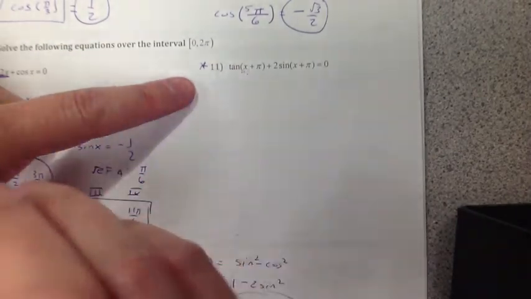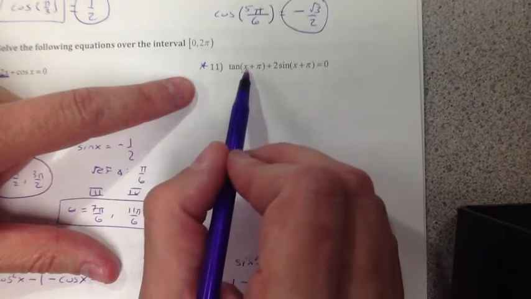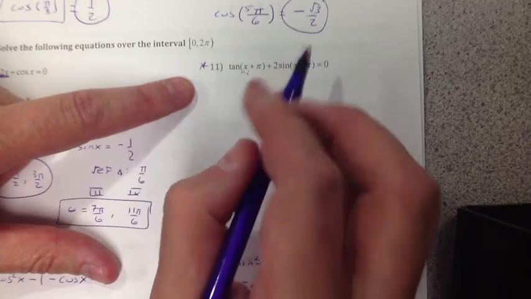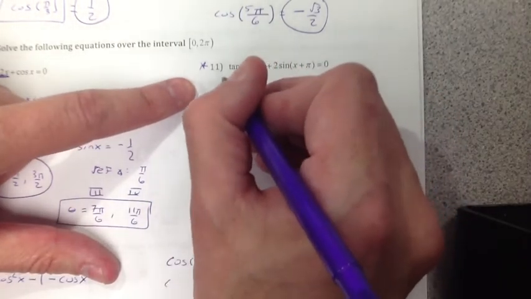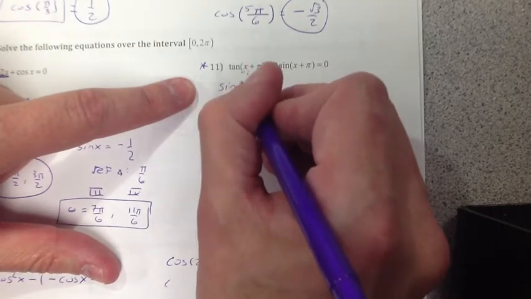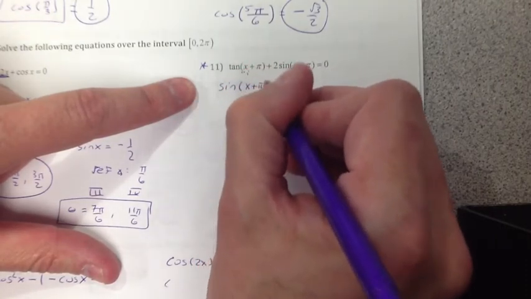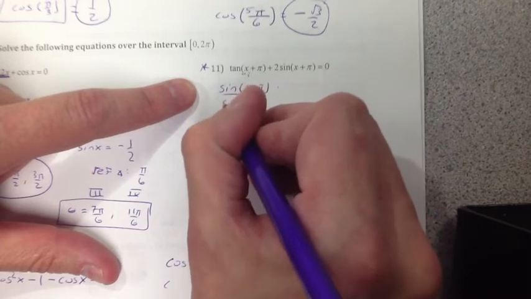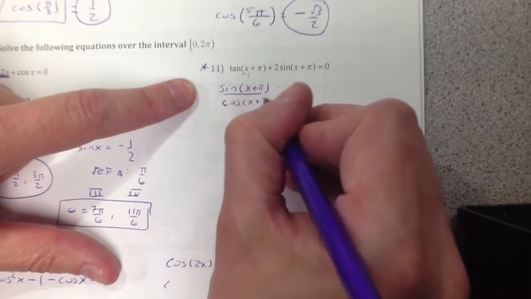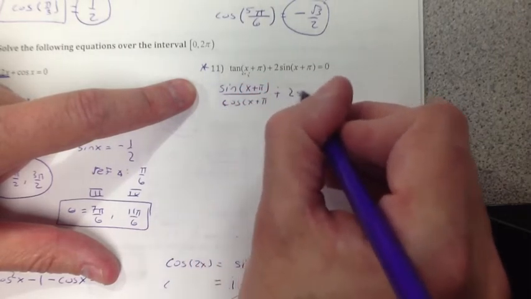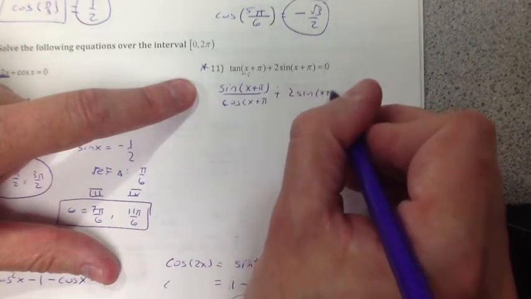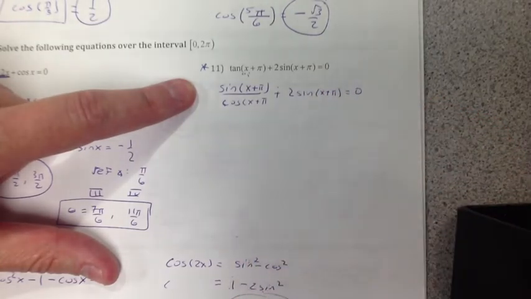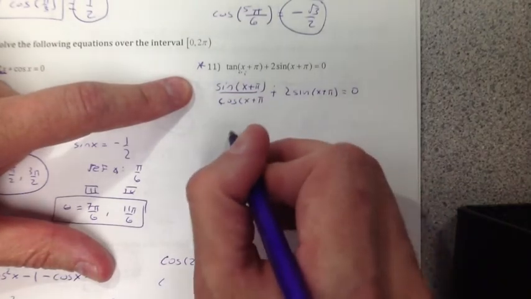You could solve this by using your double angles, but that's, our sum and difference. That's going to take a while. I'm going to use an algebra trick. What is tangent equal to? Sine of x plus pi over the cosine of x plus pi. And the reason I do this is now I'm going to use a common denominator.